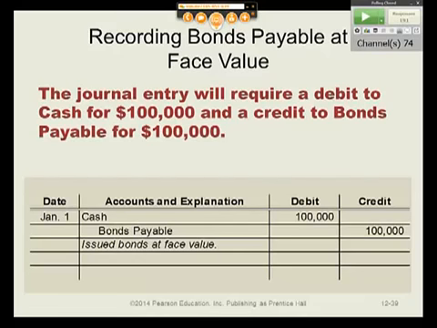Now, how would you record the interest expense? Now remember, they said the bonds, I believe, were 5 years. Is that correct? Right. So how many interest periods do you have? The number of interest periods, you got 5 years, but it's semi-annual.